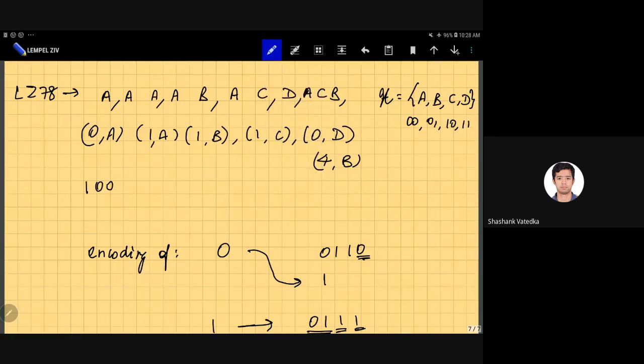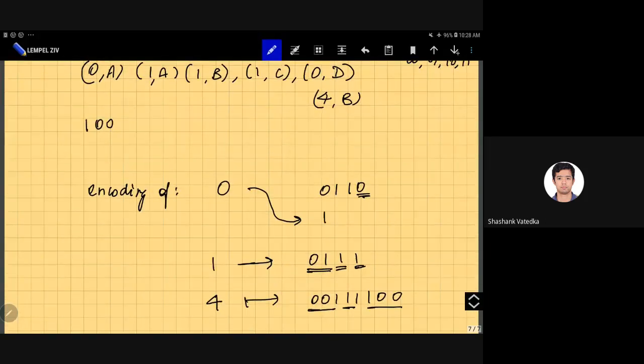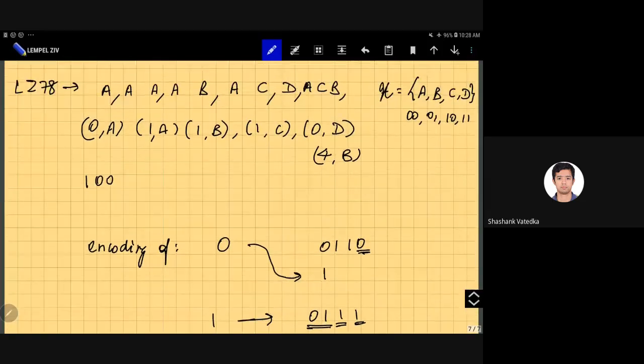All right, so now how do you encode 1 comma a? Right. So the encoding of 1 is 0 triple 1, and a is 0 0, right? What about 1 comma b?